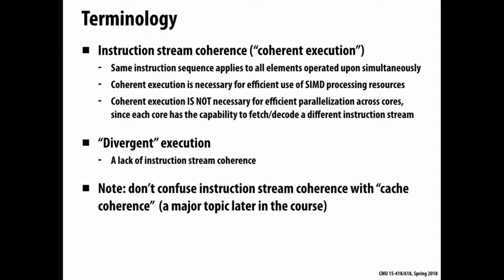So coherence in this sense means the extent to which everyone wants to do the same thing, and therefore I can maximize the utilization of this processing capability. And anything that gets me away from that is referred to as divergence. So you can think of it converging to the ideal of SIMD, or diverging away from that ideal. Make sense?